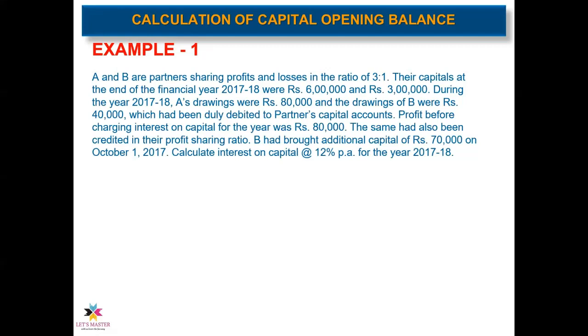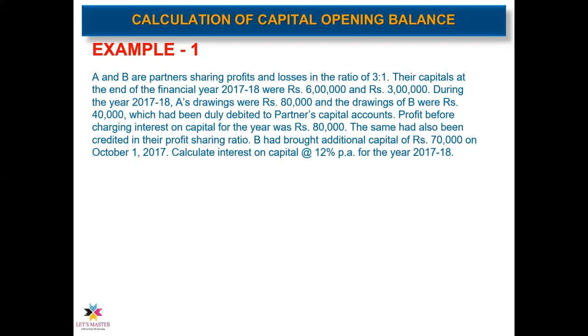During the year 2017-18, A withdrew 80,000 and B withdrew rupees 40,000, which was duly debited to partners' capital accounts. Profit before charging interest on capital for the year was rupees 80,000. The same has been credited in their profit sharing ratio, that is 3:1.